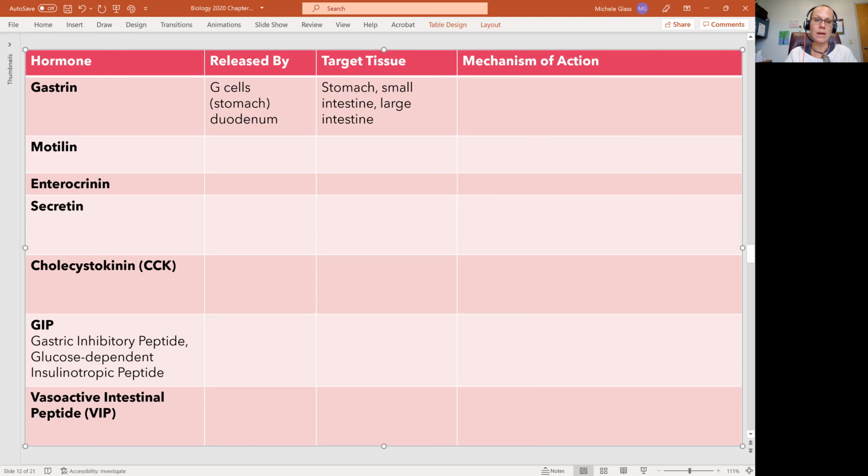When we talk about the mechanism of action for the stomach, it's going to increase production of gastric juices. So here, let's think about hydrochloric acid. Let's think about pepsin.